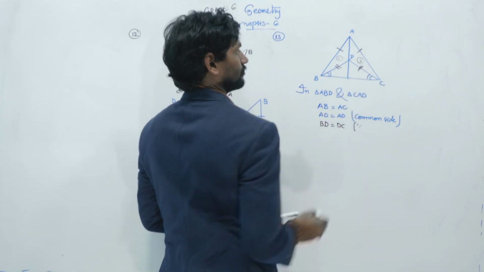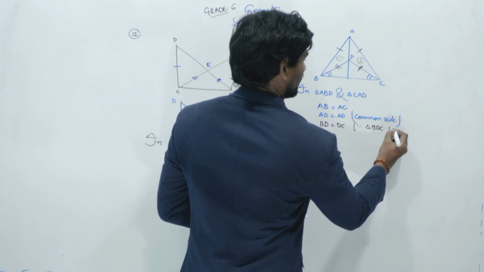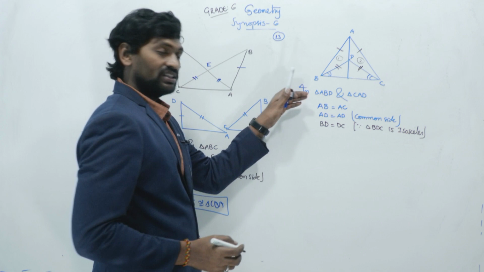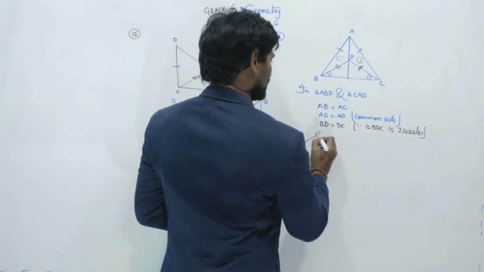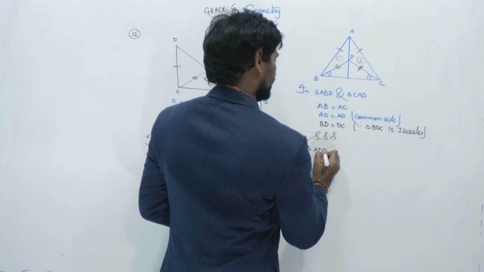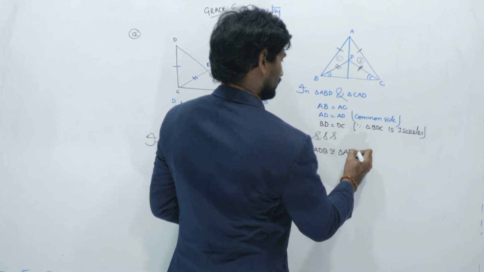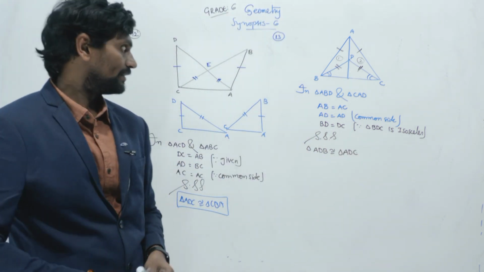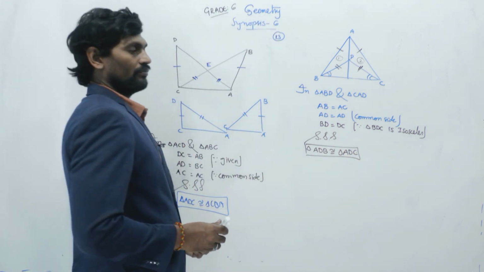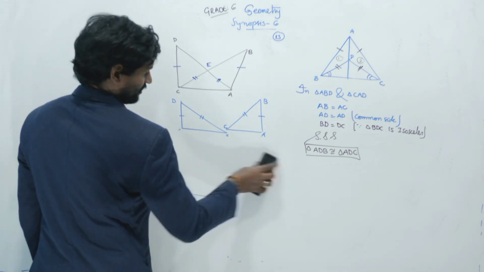So by SSS congruence, we can write that triangle ADB is congruent to triangle ADC. Next, question number 14.